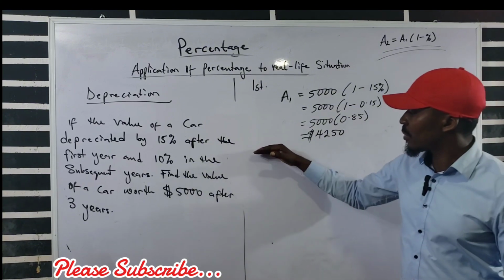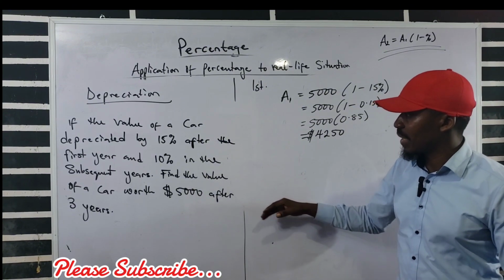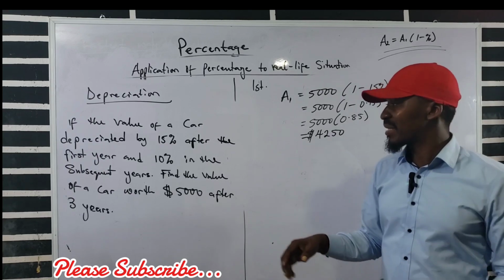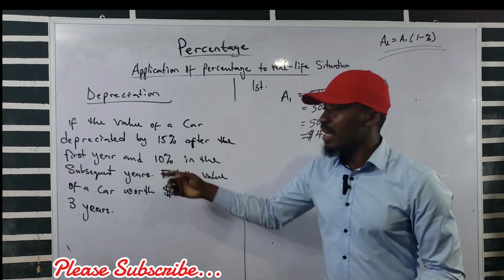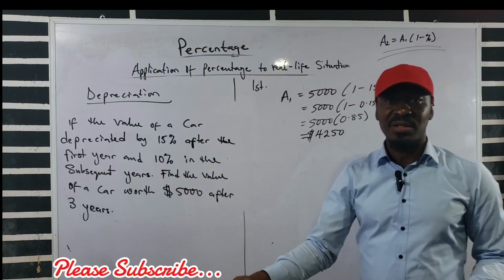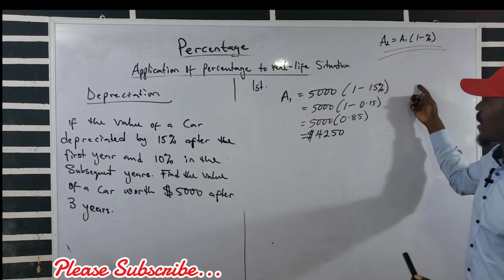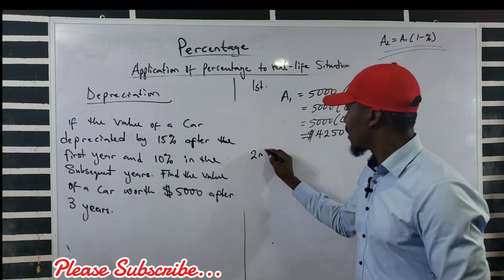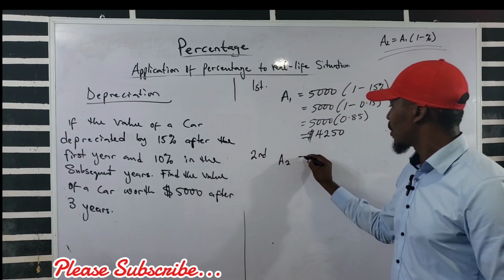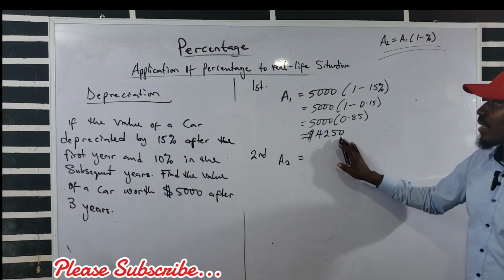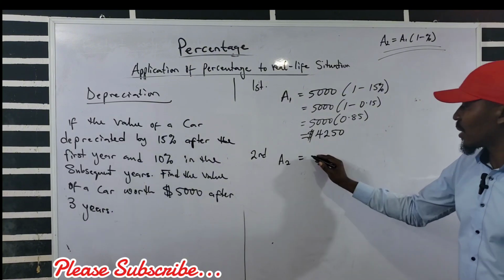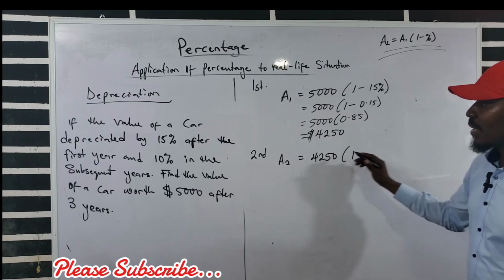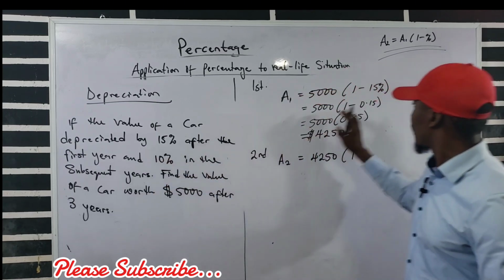Now we can do the second year, third year, or we can use the method we used in compound interest. Since the subsequent years have a constant percentage decrease, we can actually use raised to power 2 now. But let us continue with this method. So for the second year, our A2 is going to be, this is the worth of the car after the first year, 4,250 into 1 minus, now 10%, it's no longer 15%.